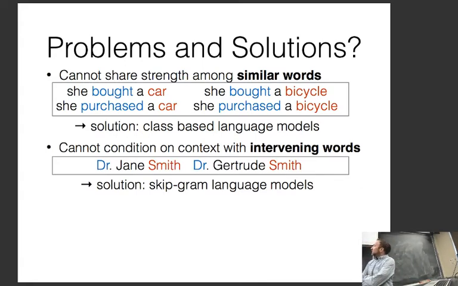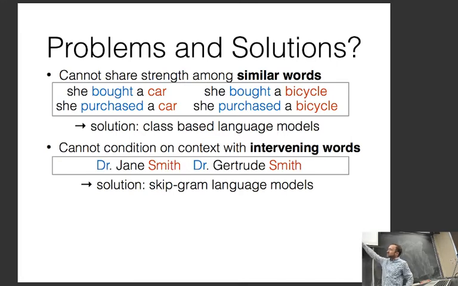Another problem that Ngram language models, implemented in the naive way, cannot handle is that they cannot condition on context with intervening words. So for example, if we have Dr. something Smith, Dr. something Smith is actually pretty common, right? It's a pretty common pattern that you would see. But if you have Dr. Jane Smith, you might have this in your training corpus somewhere, because there's a Jane Smith on the internet that you've downloaded, and your big data has Jane Smith in it somewhere.